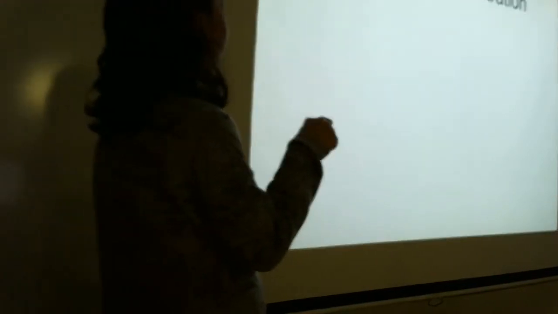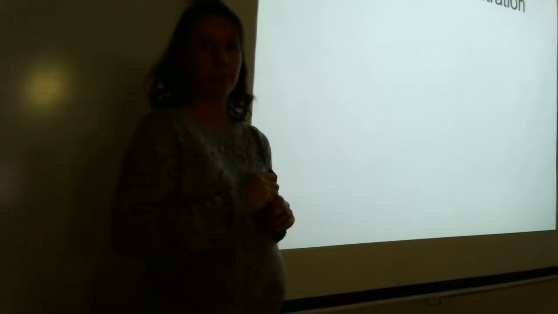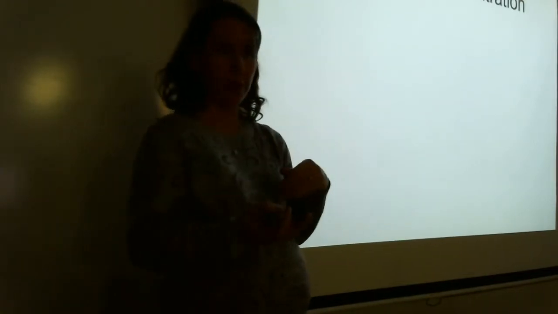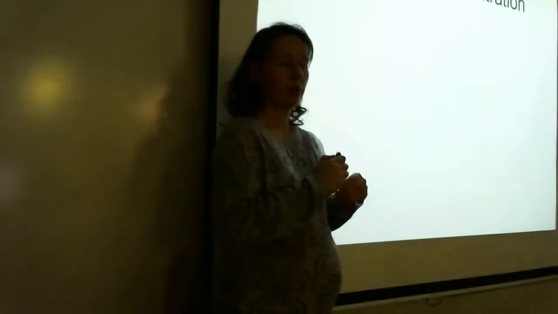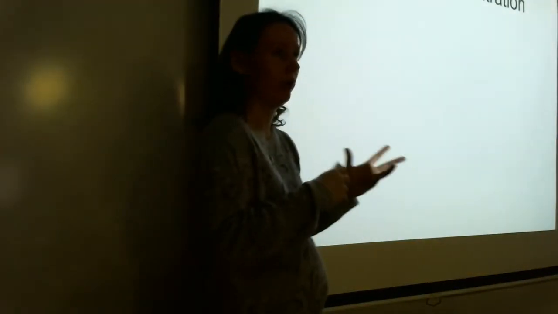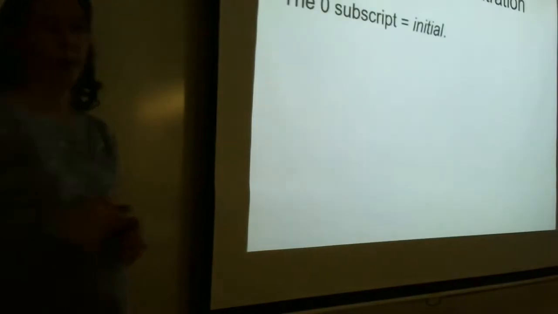All right. Now, when you see this little 0 next to it, that little 0 means initial, okay? Because if we're talking about change, we need to distinguish final from initial, right? So if we're looking at change, well, how will we tell final from initial? Initial's got the little 0 next to it.